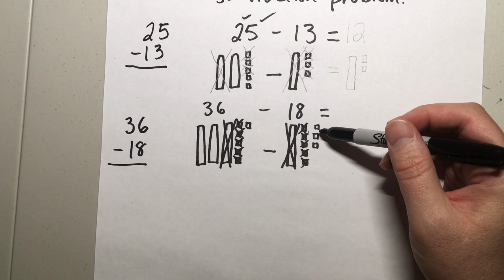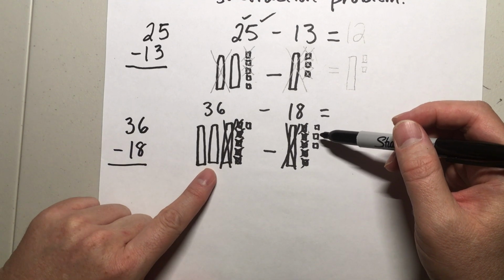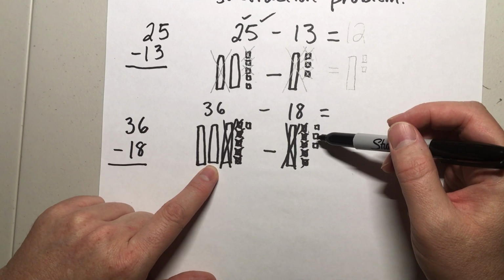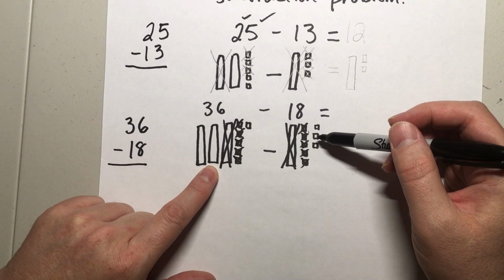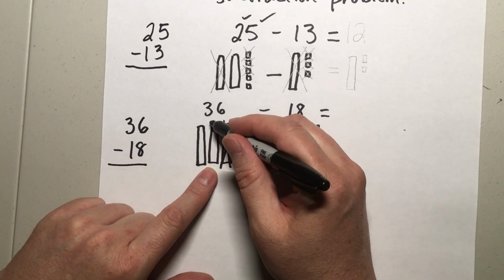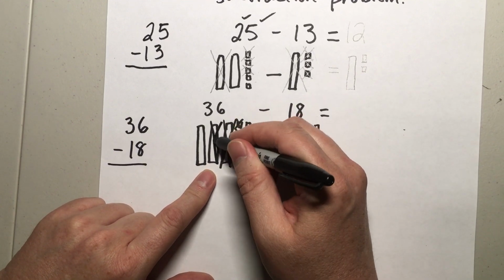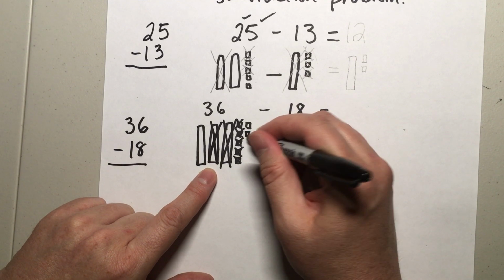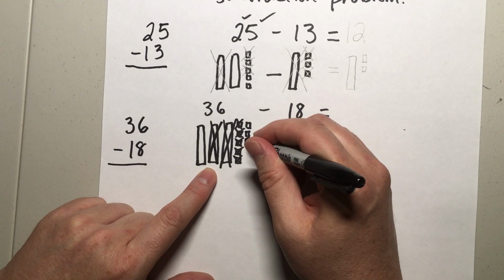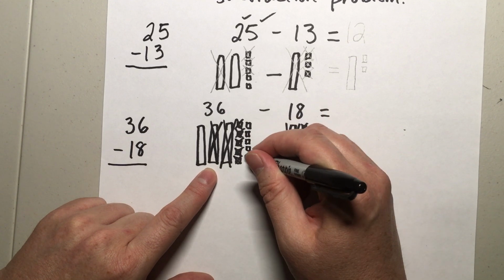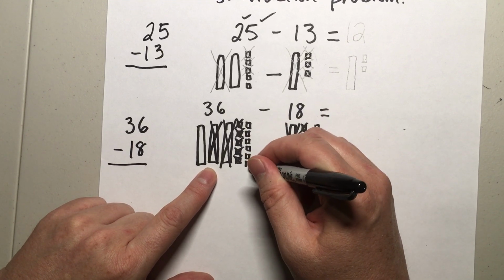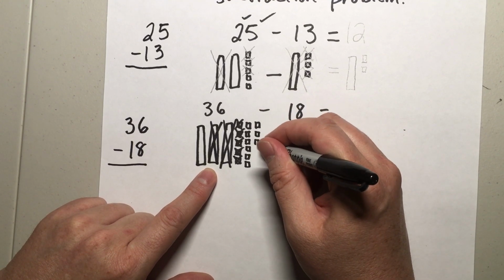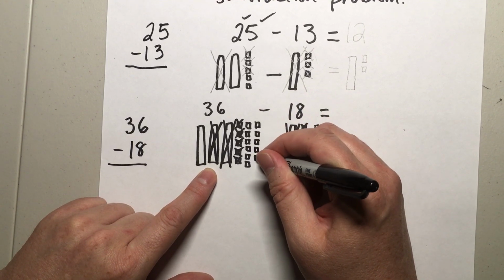Okay, in this case, what I would do is what's called decomposing. So I'm going to actually break down this 10, this long, into 10 small cubes. So what I do is I take this, and then I make this 10 small cubes. 1, 2, 3, 4, 5, 6, 7, 8, 9, 10.